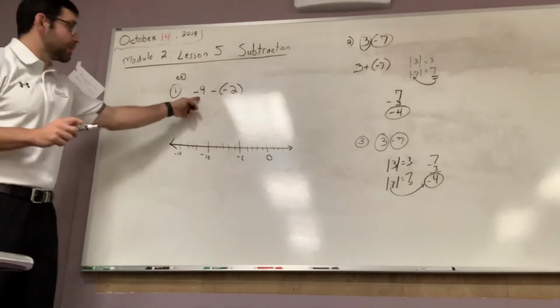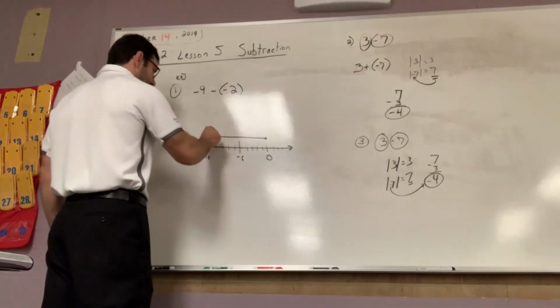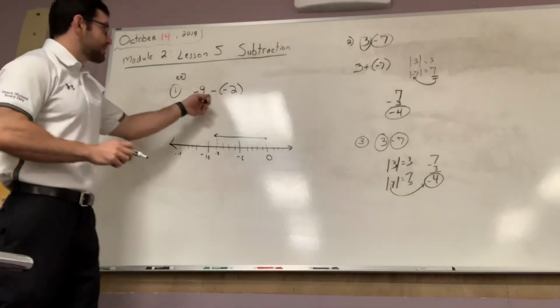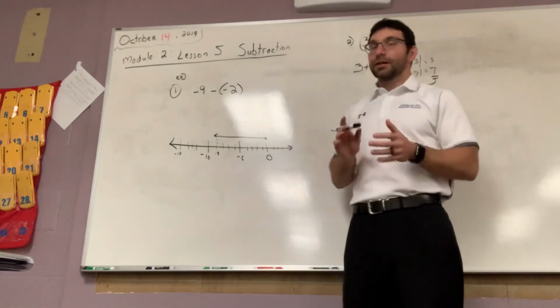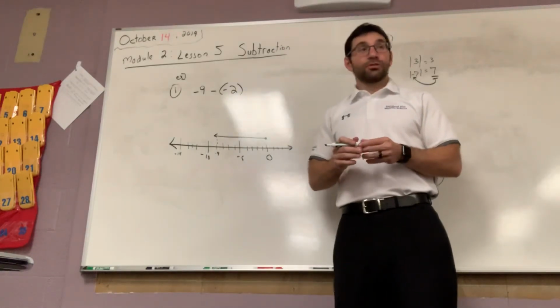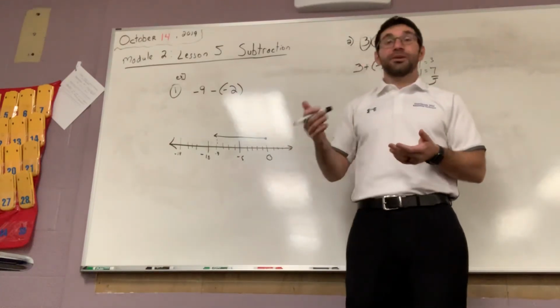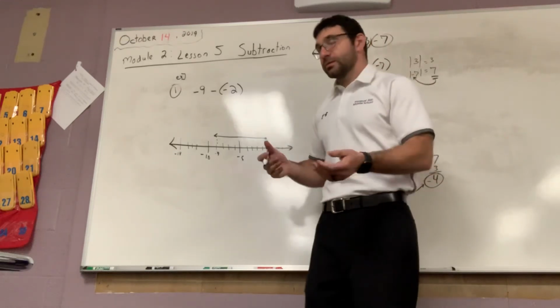So first, the opposite of 9. The opposite of 9 takes me here to -9. Then it says the opposite of -2. Okay, if you've been in my shine group, or Mrs. Armstrong's shine group, or Mrs. Davis's shine group, we've been talking about the opposite of an opposite. So the opposite of -2.